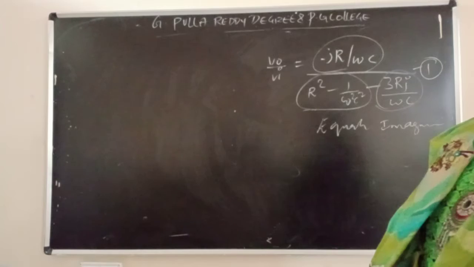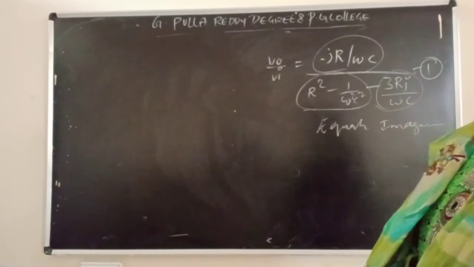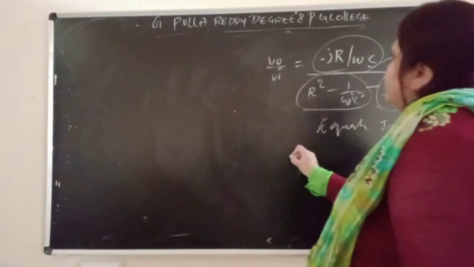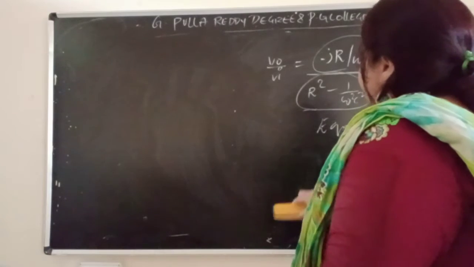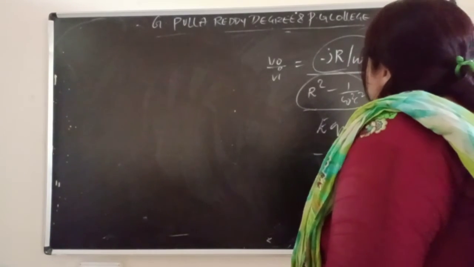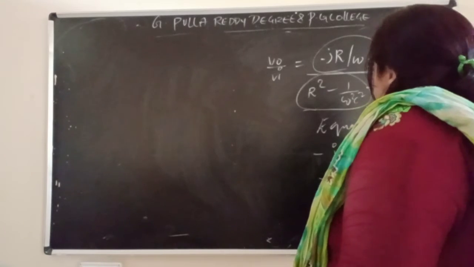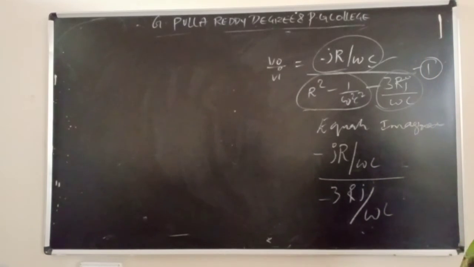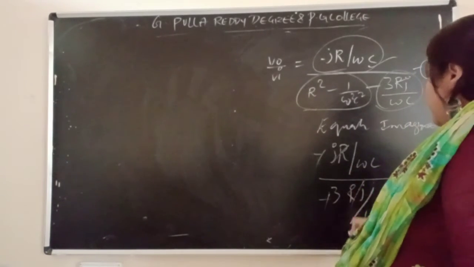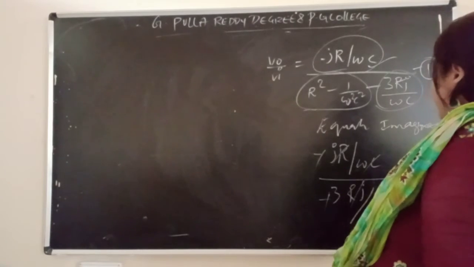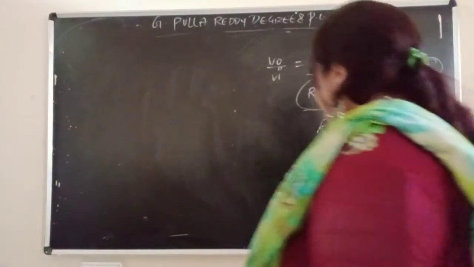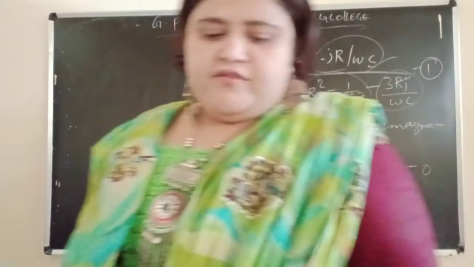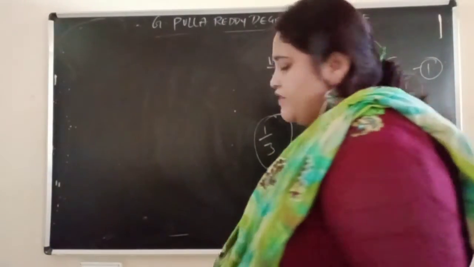The terms with J are known as imaginary terms, minus 3RJ by omega C. The minus cancels, RJ cancels, omega cancels. You will get 1 by 3.